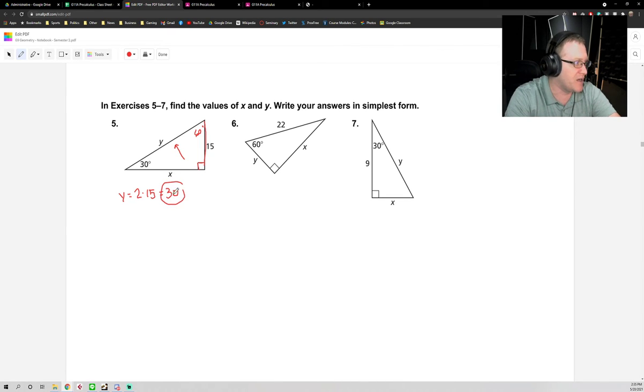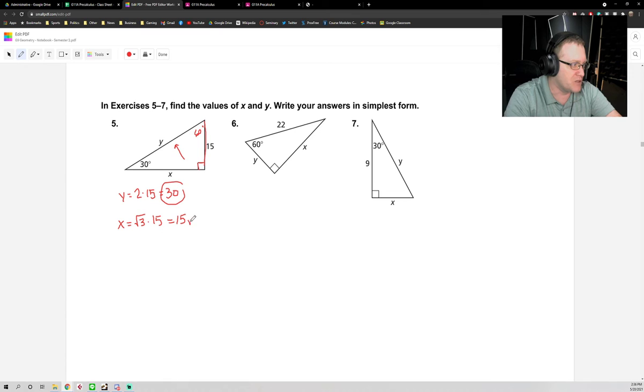But we also need to find x. Well, we just said that x is the square root of 3 times the short side. All right? So that means x is going to be the square root of 3 times the short side, which is 15. So how do we write that? We usually write that with the whole number in front.